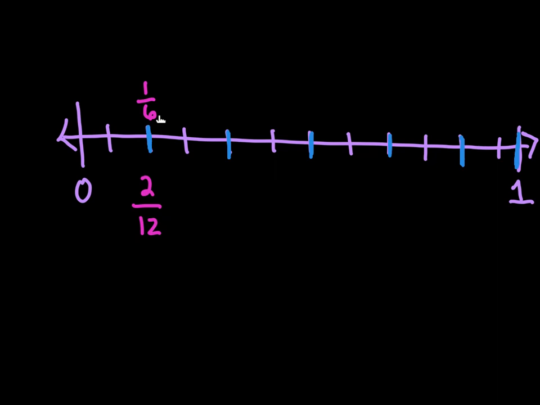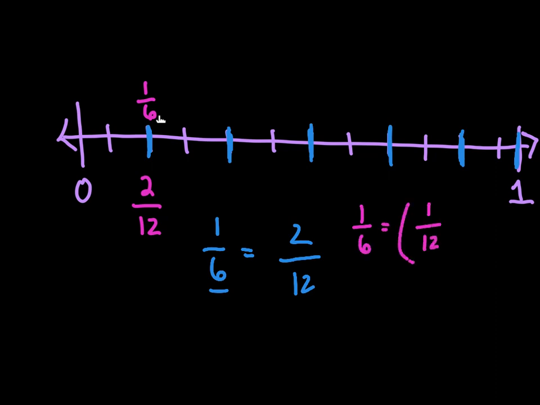That shows us how 1/6 is equal to 2/12, because they're basically cutting the twelfths into halves to get 2 sixths. To show this better, we would show 1/6 is equal to 1/12 plus 1/12, which would be 2/12. So 1/6 is equal to 2/12.